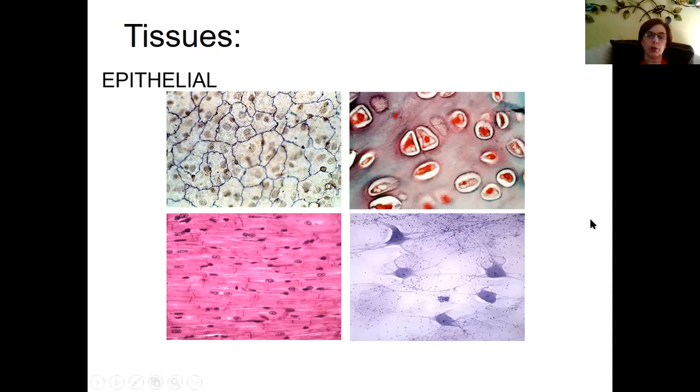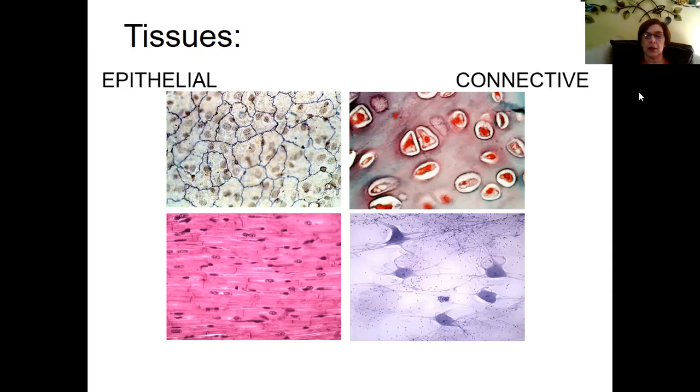The second category, which is actually the largest, is connective tissue. This is also the most diverse group, and it gets its own chapter. So chapter 3 is going to be connective tissue.